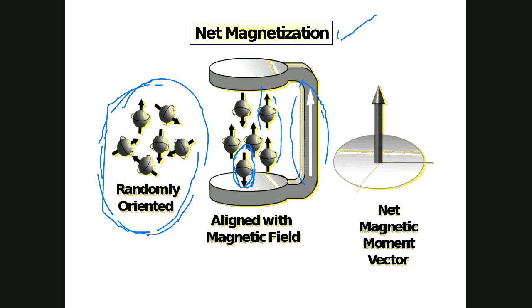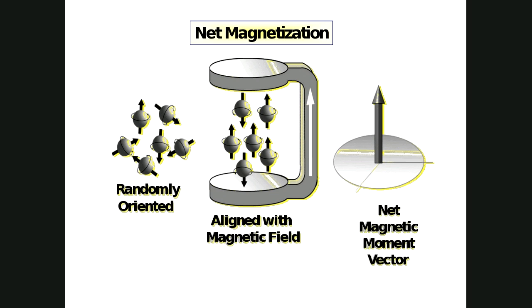Now, if you sum up all of these guys, treating them as vectors, these will cancel, and then you have two vectors pointing up, and that's why you have a net magnetization that is pointing along the field.